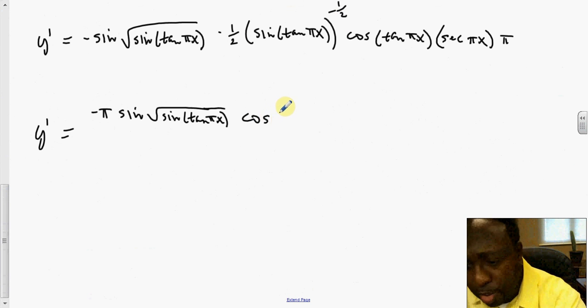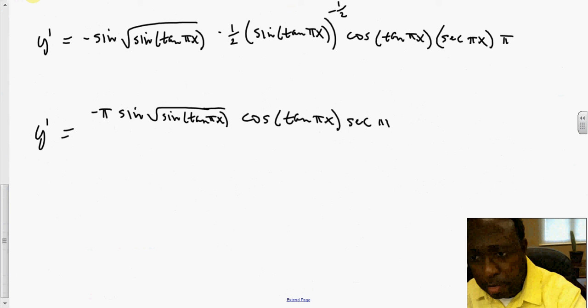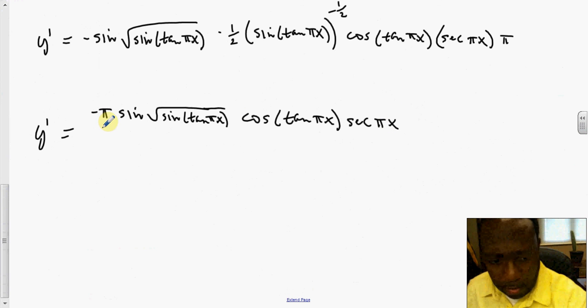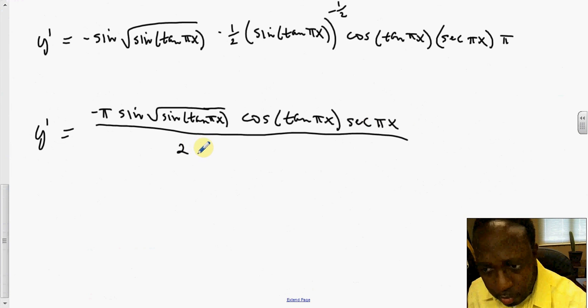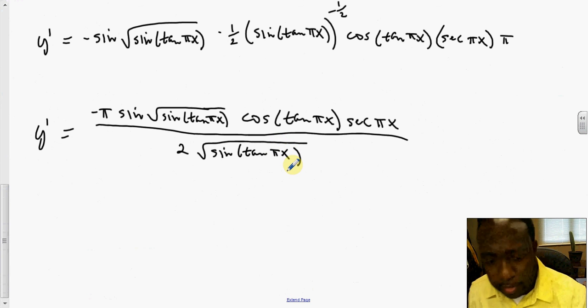So this is cosine of tangent pi x times secant pi x, and this is all over 2 times the square root of sine of the tangent pi x.